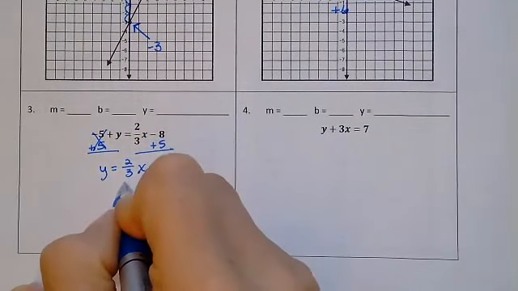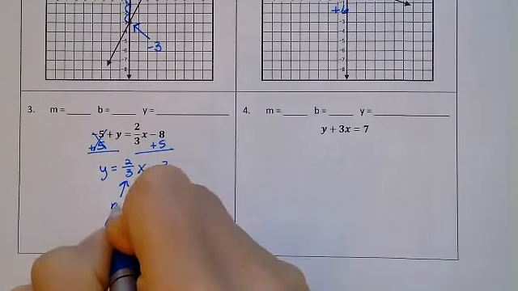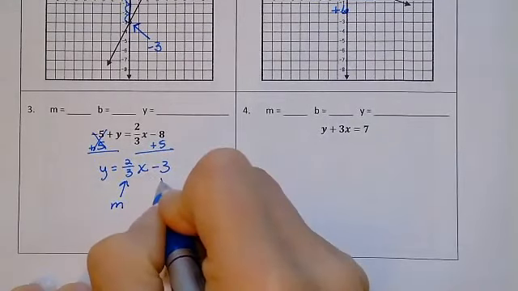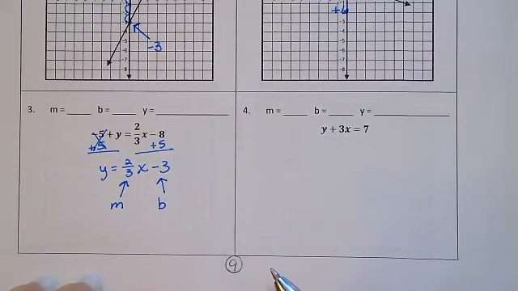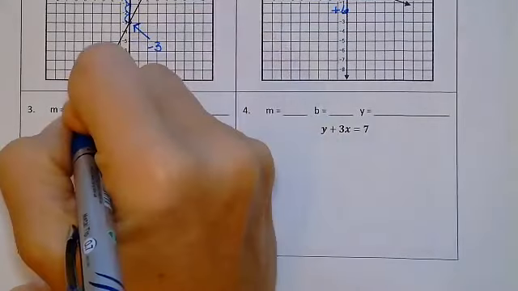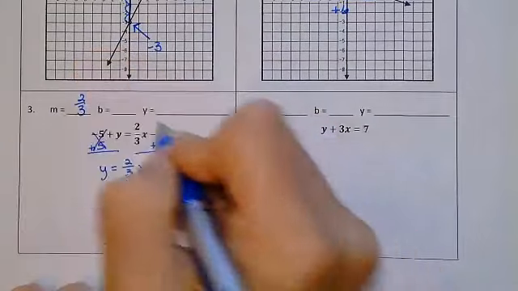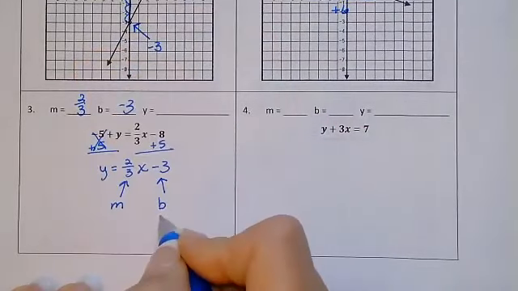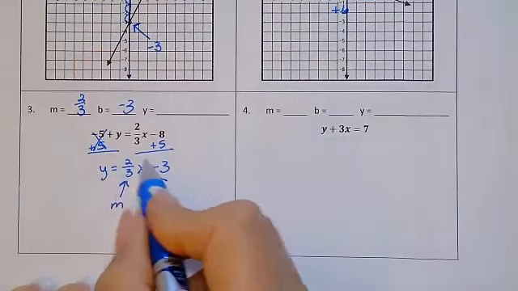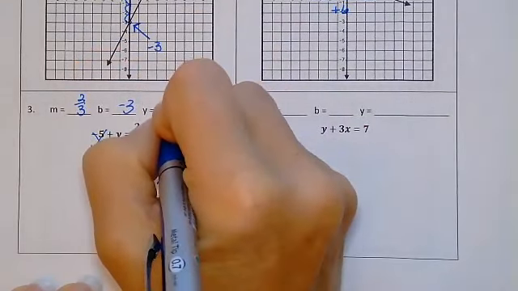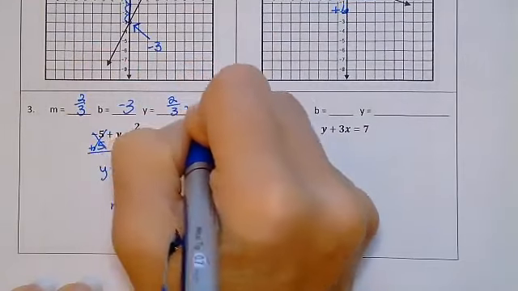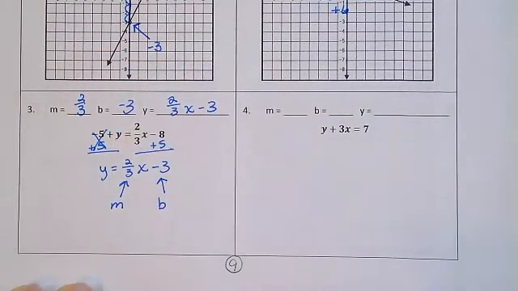All right, so now I have my m, or slope, and I have my y-intercept, -3. So 2/3 and -3. We've already rewritten the equation, so we're going to just rewrite it here. 2/3 x minus 3.